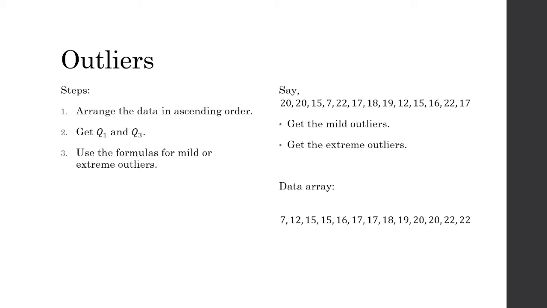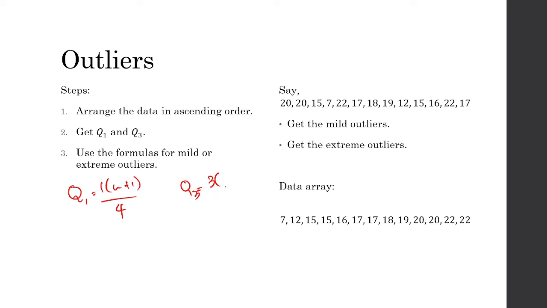Then we need to get the first quartile, the second, the third quartile. Hindi ko kinumpute. So for the first quartile, as you may have remembered, we just need to get 1 times n plus 1 over 4. And for the rank value, that is also the same for our third quartile.